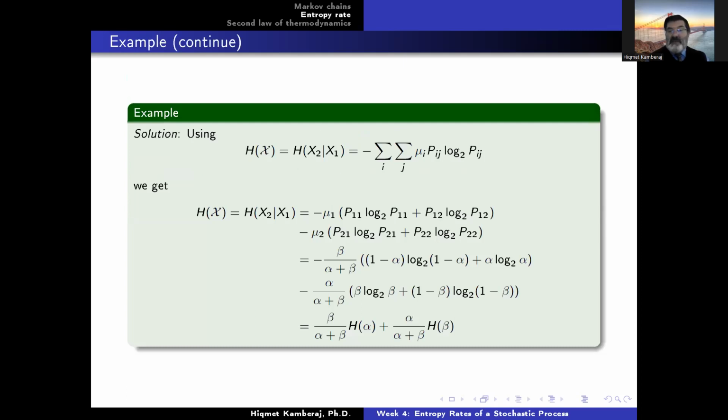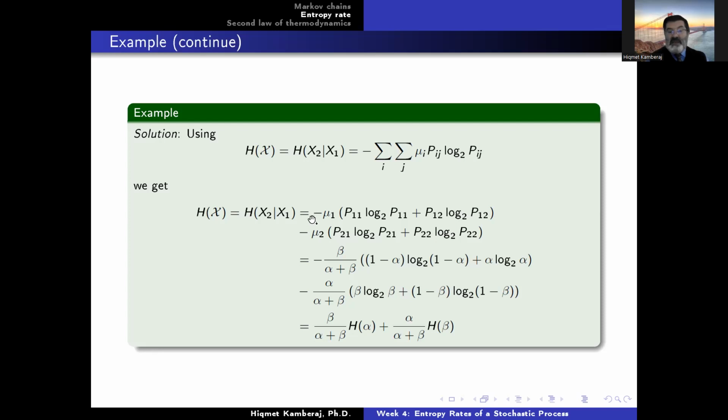Now, based on the definition, since this is a stationary Markov chain, based on the previous theorem, the entropy rate is equal to the conditional entropy of X2 given X1, or it is equal to minus the sum over all i's, sum over all j's, of mu_i, P_ij, log with base 2 of P_ij.